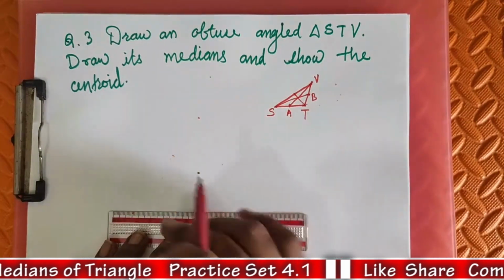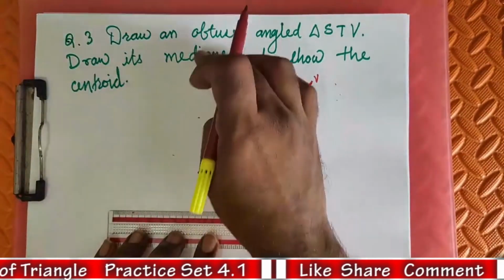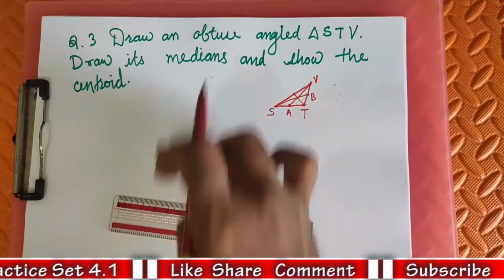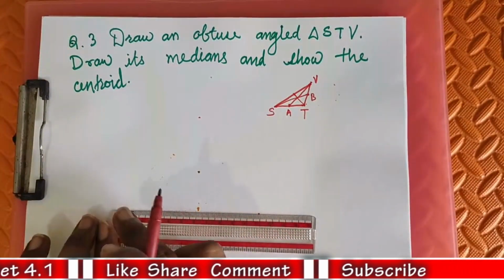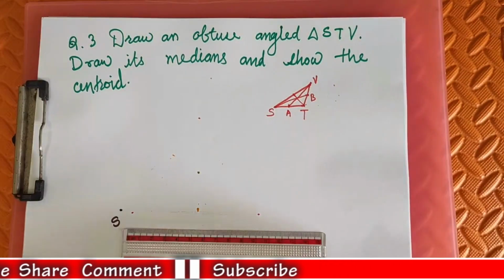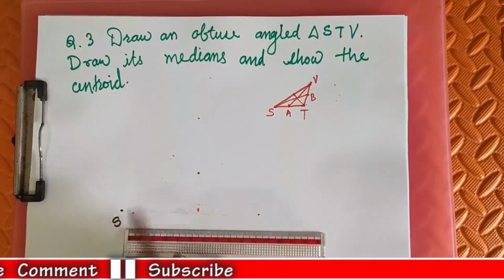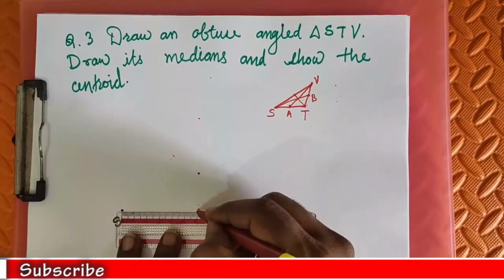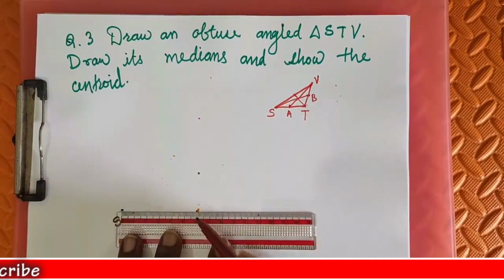I said leave sufficient space in between your question and base. I said leave 8 to 10 lines from this margin line. Leave 2 finger space and take one point. Okay, so first take point S, and ST will be 6 centimeter. So at 6 centimeter take another point.